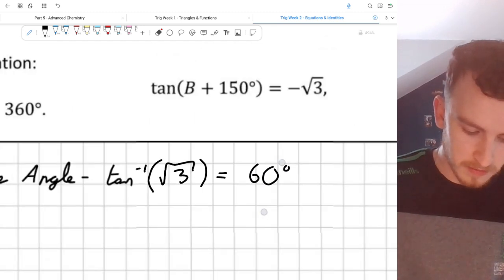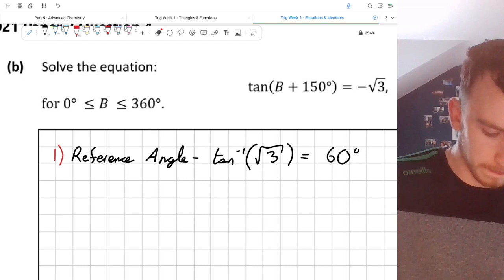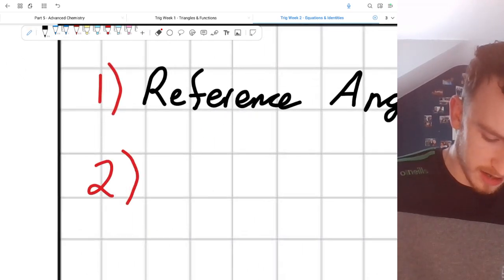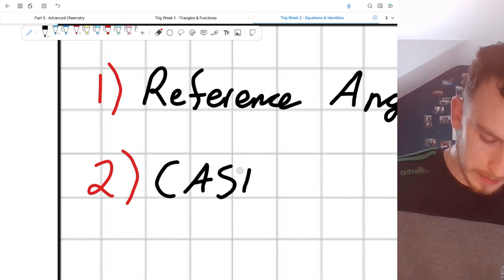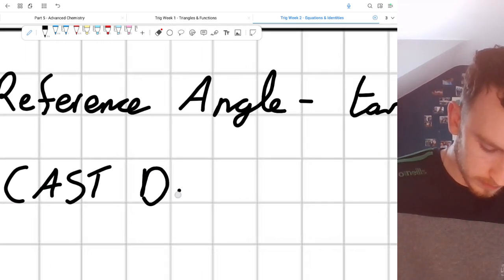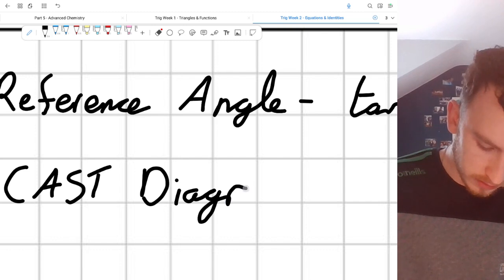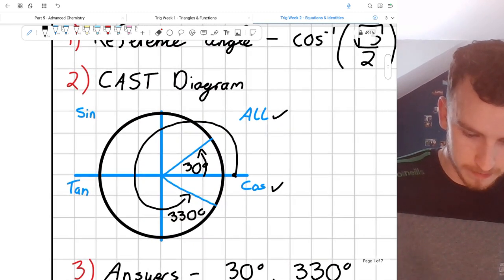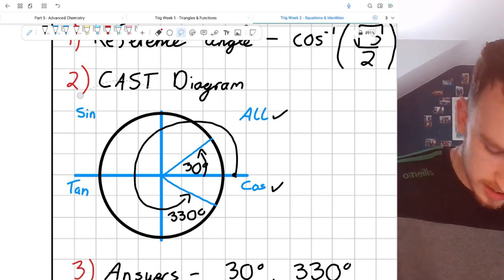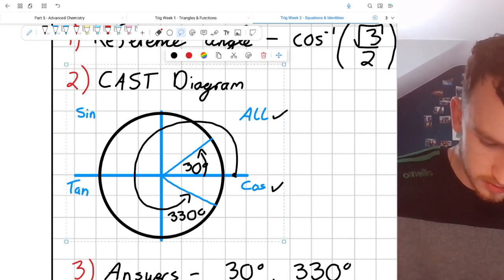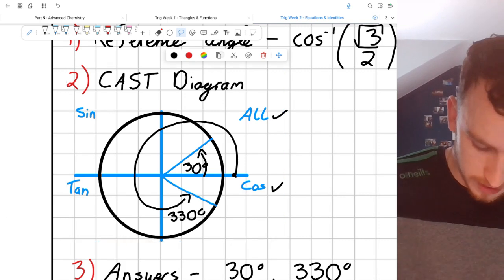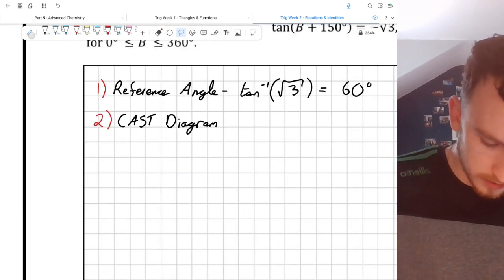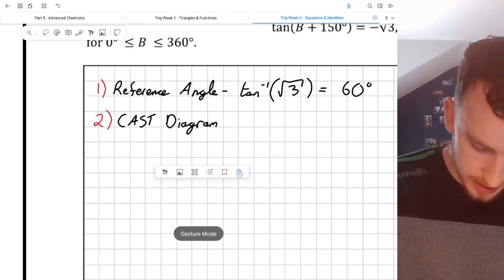Now step 2, we go to our CAST diagram. Now, you can just draw it again. I'm just going to copy and paste it because I'm lazy. Probably should be admitting that, but anyway. And then we will paste that in here.